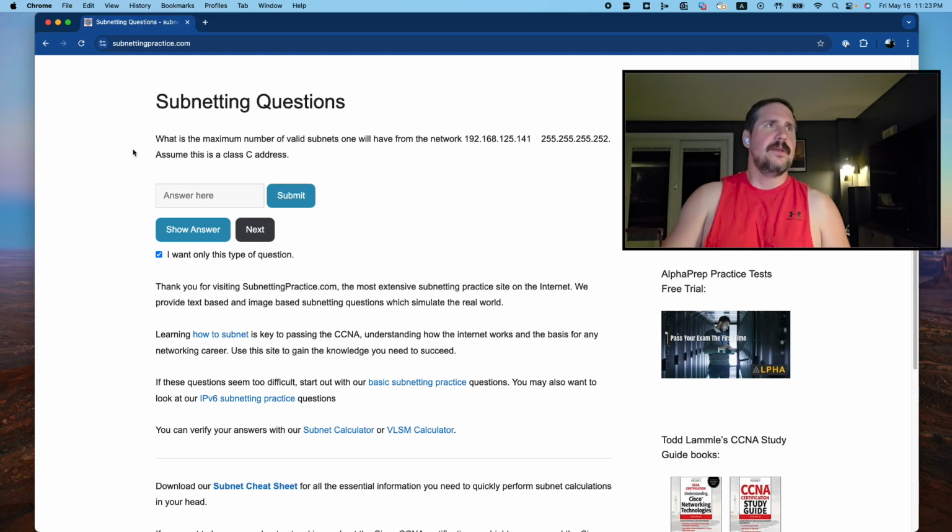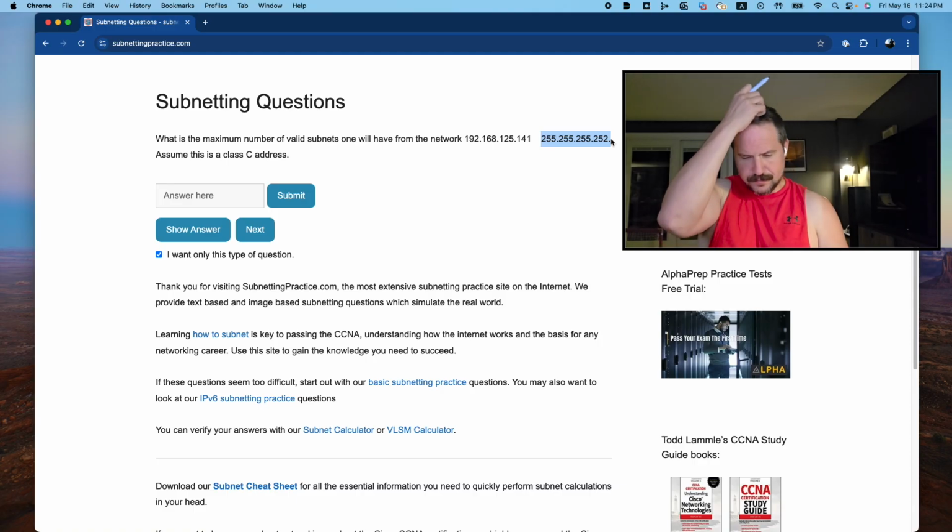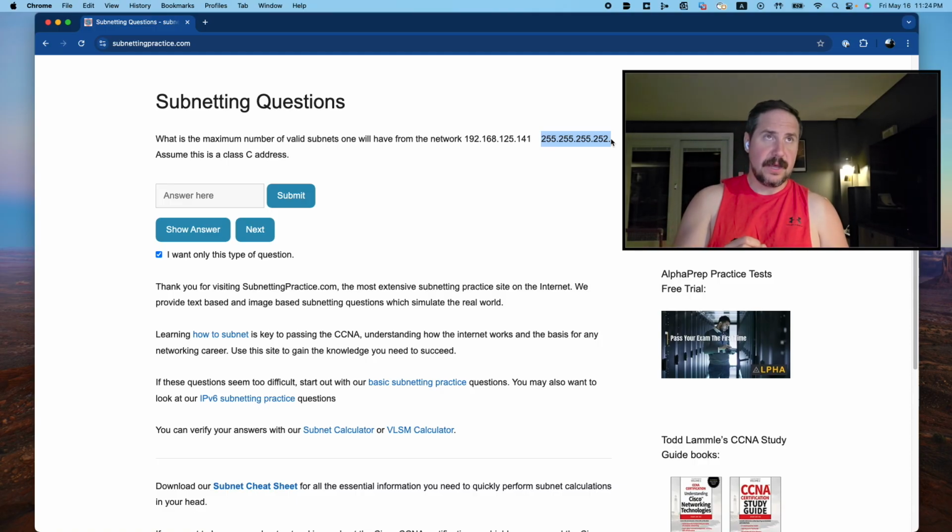Next. What is the maximum number of valid subnets one will have? Okay, and this is a class C. So this one's a little bit different because it gives us a subnet mask. So I'm going to go down to 252 on my little cheat sheet here. So 1, 2, 3, 4, 5, 6. And then 1, 2, 3, 4, 5, 6.